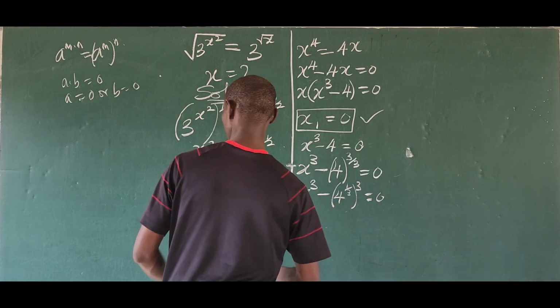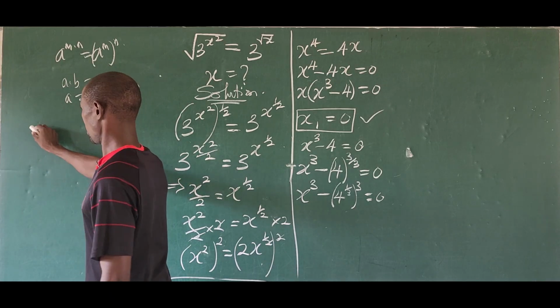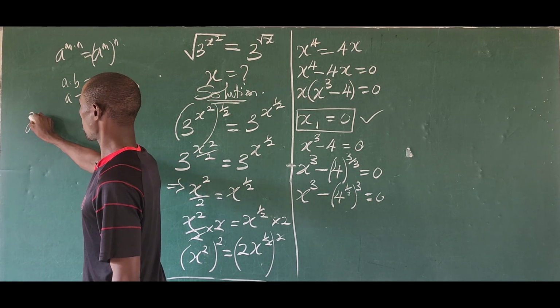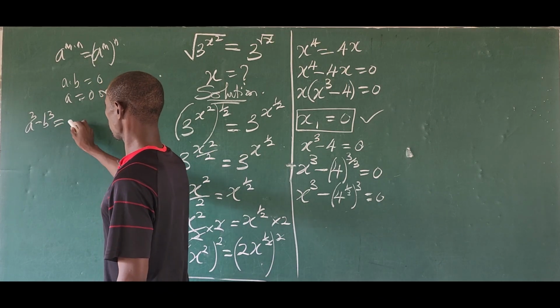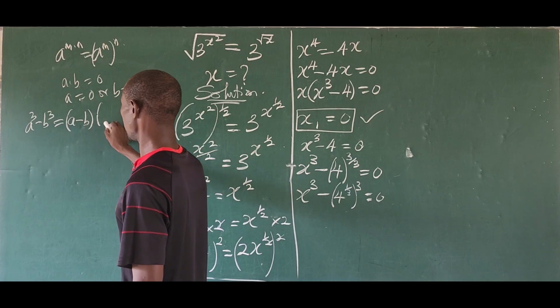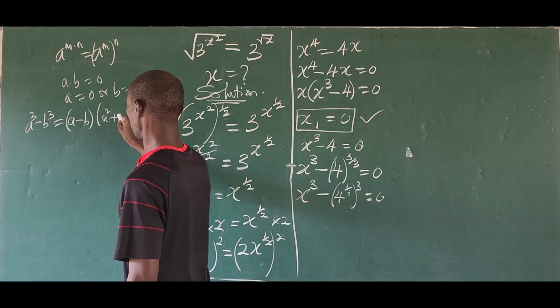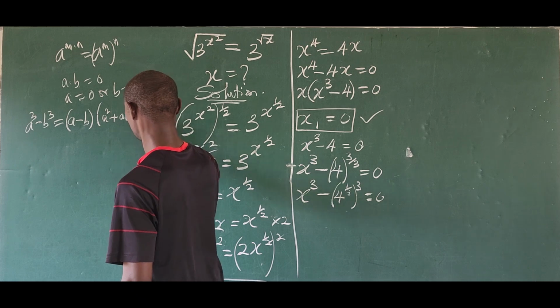So it says that when you have, let's use a, a to the power of 3 minus b to the power of 3, this is equal to a minus b, in bracket, a squared plus ab plus b squared.